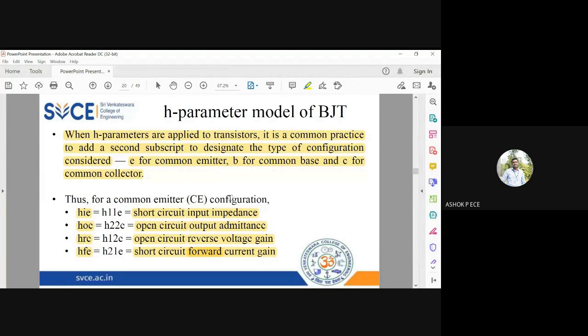When I write HRB, it is common base and I'm going to find the reverse voltage gain. When I write HFC, it is common collector and I'm going to find the forward current gain. So these H parameters will give you a lot of information about what parameter you are going to find and what configuration the transistor is working in. Is that clear? So from H parameters, you can derive a lot of information.